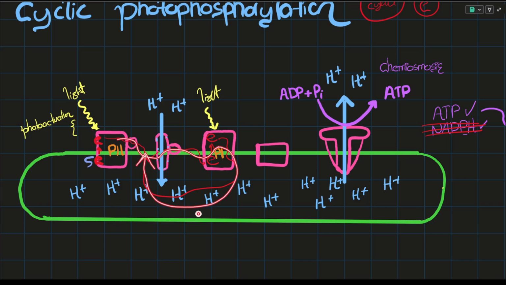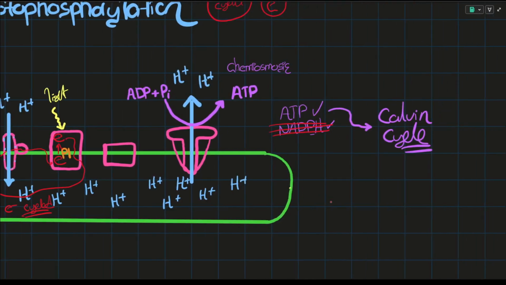The difference lies in this loop. You can simply call it that the electron is recycled, though I'll just say the electron is cycled, like so. Noteworthy mentions: we have no NADPH, nothing.